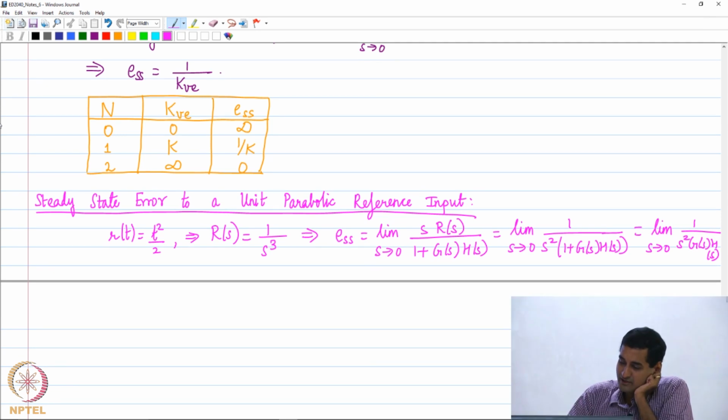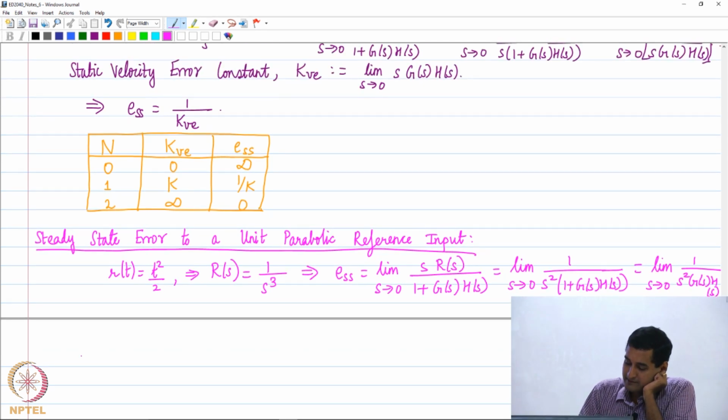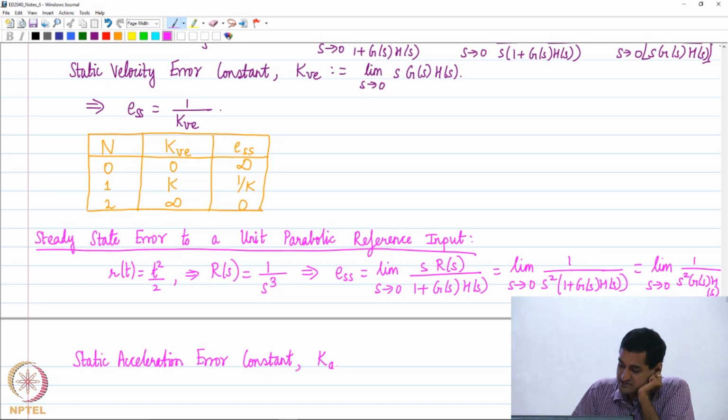So similarly, just like what we did above, we define what is called the static acceleration error constant, which is defined as K_AE equal to the limit as s tends to 0 of s squared g of s h of s.